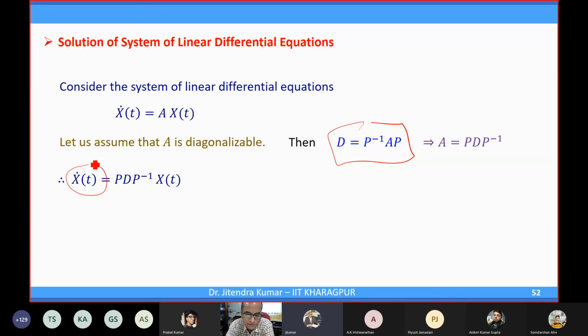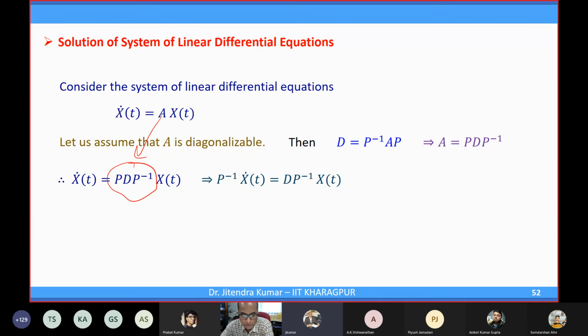Then we have x dot is equal to PDP inverse times x(t), so A is replaced by PDP inverse. Multiplying by P inverse, we get P inverse x dot equal to D P inverse x.